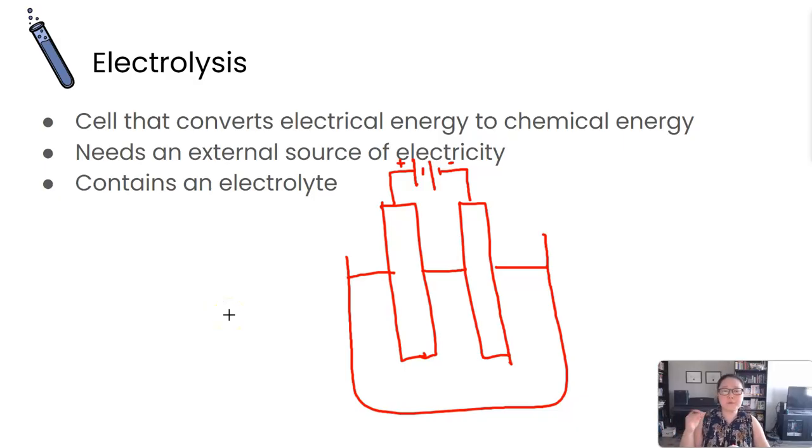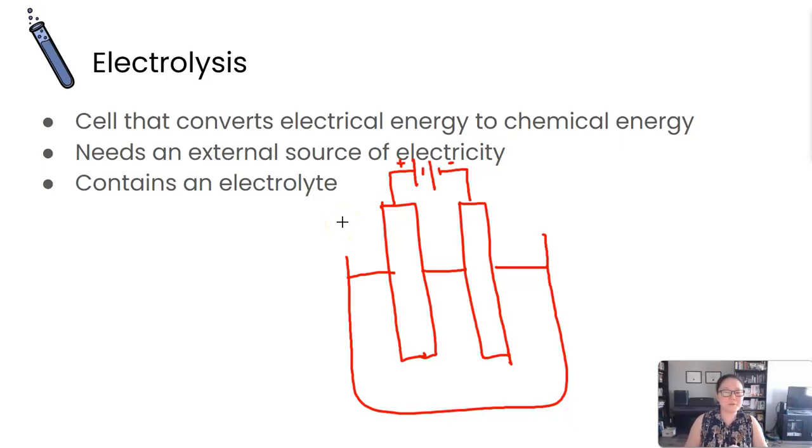Another big difference between this and a voltaic cell is there's no physical barrier blocking the two half reactions. The reason is because you don't need one. These reactions aren't going to happen spontaneously, so you can leave everything as it is, and it's not going to start doing anything until you put in that source of energy.